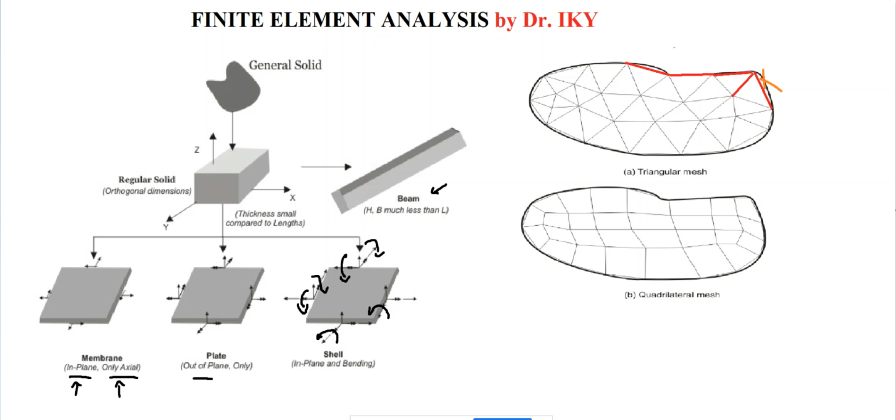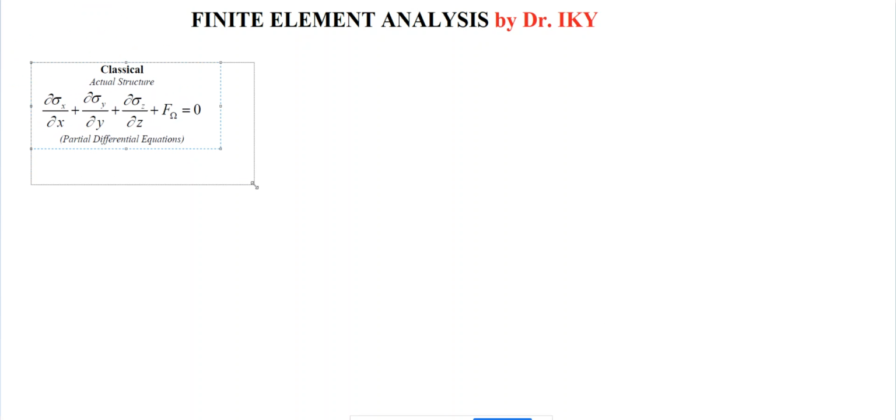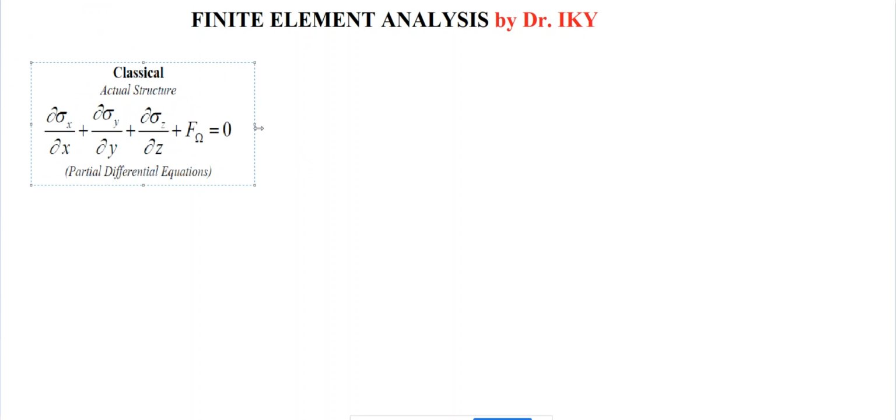Let me tell you for the initial assumption. The classical and actual structure can be defined with the partial differential equation like this. This is the actual structure, real.